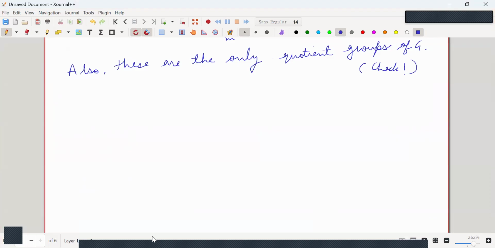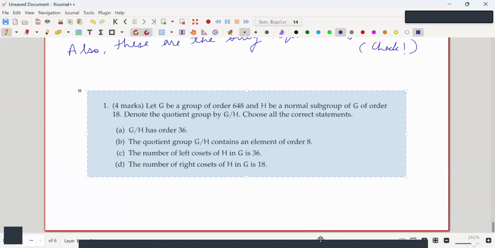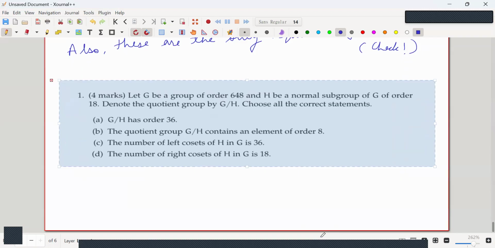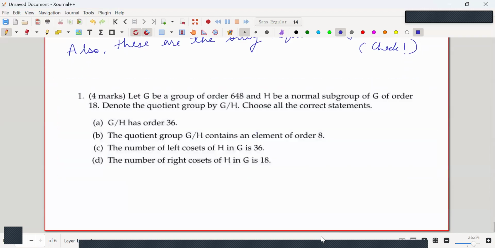Okay, so let me just discuss some problems which are not the same from last year's assignment. Okay, let's see this part. This was problem 1 in last year's assignment. You can just avoid this 4 marks.